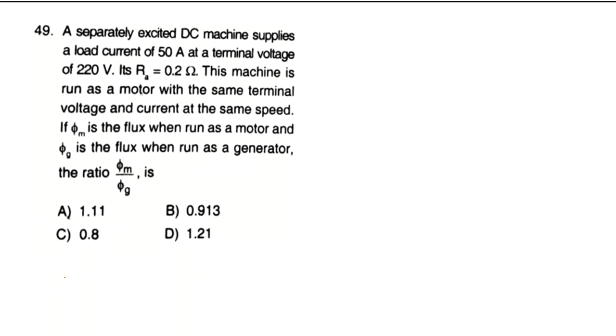The 49th question here. A separately excited DC machine supplies a load current of 50 amperes to a load at a terminal voltage of 220 volts, and the armature resistance is 0.2 ohms.